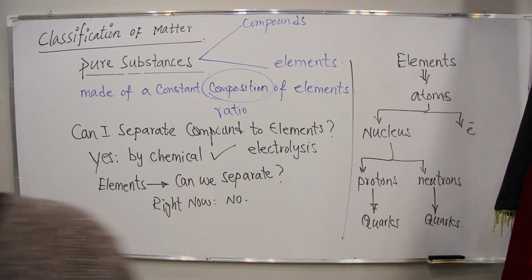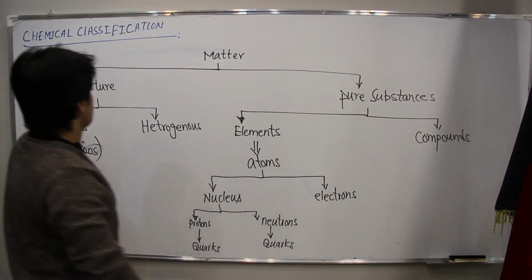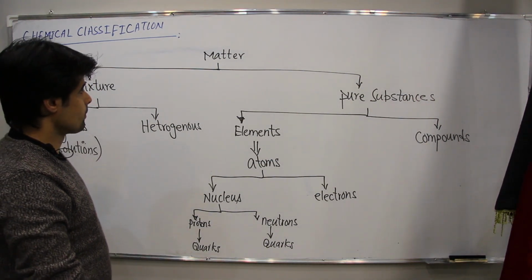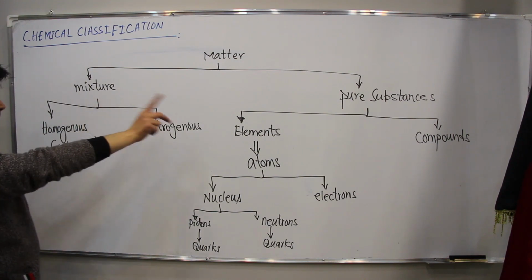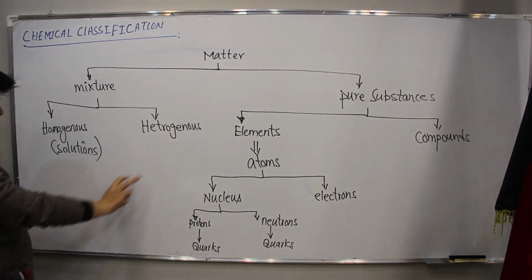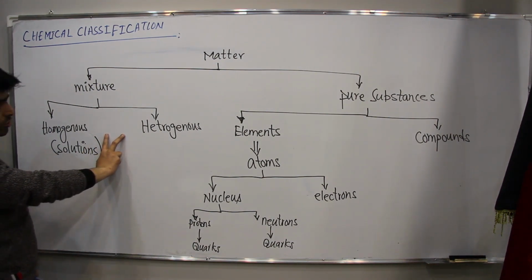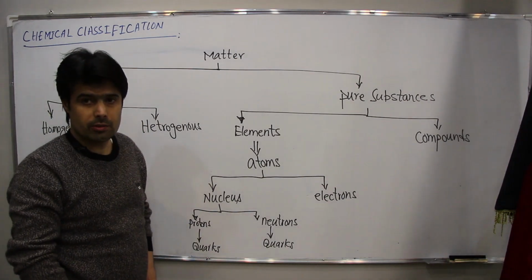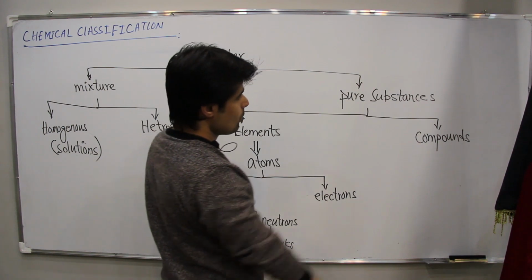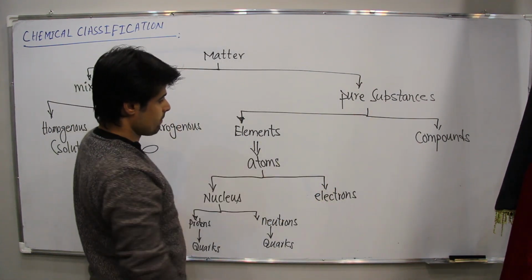Write it please. Chemical classification of matter is divided into two parts, mixture and pure substance. In mixture we have homogeneous and heterogeneous. Homogeneous is also called a solution, and they can be changed to pure substance by the three methods which I wrote. Now the pure substance is also divided into two parts, elements and compounds.